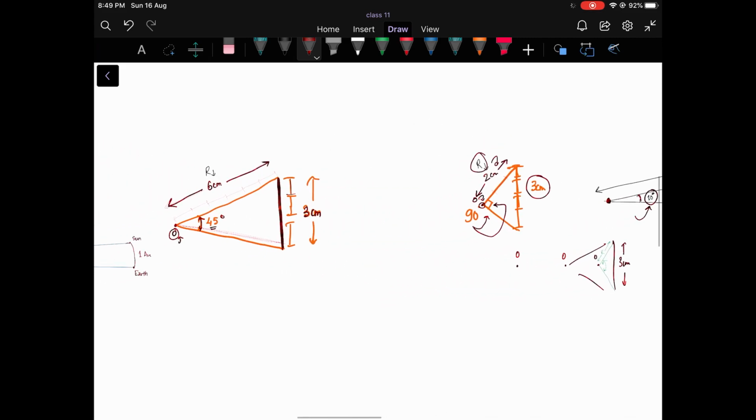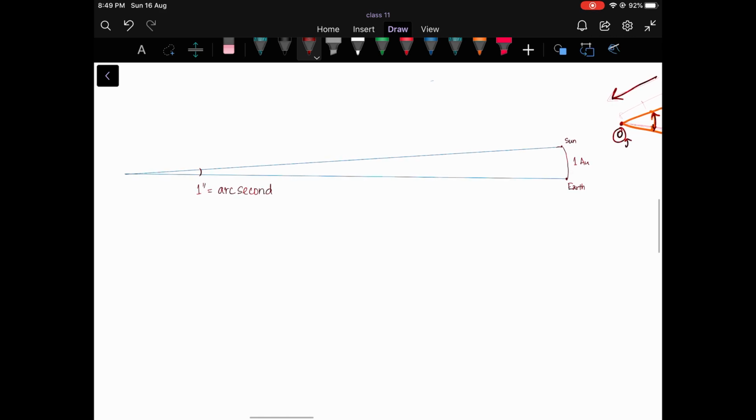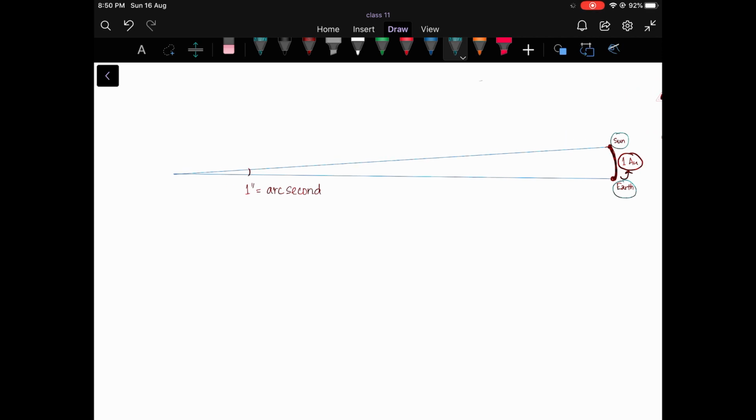Now during your derivation or definition of the parsec, we have done the same thing. We've taken an arc length which I've drawn very small, but actually it's a very large distance, that is 1 AU, such that it represents the distance between the earth and the sun. And I've taken a point not close but very far, such that the angle here is only 1 arc second, that means 1 degree divided by 3600.